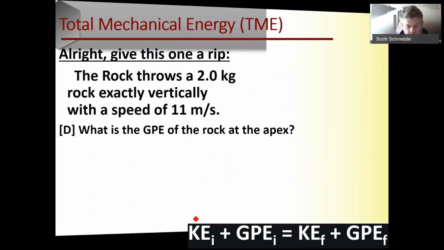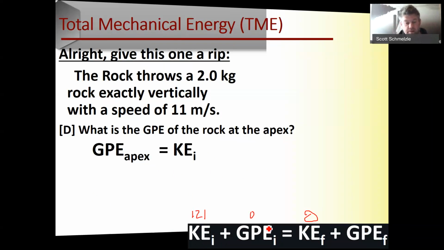Well, we knew that initially this was 121. Yeah, it was 121, and this was 0. Well, we know that this is 0 here in the final time because it doesn't have any velocity. So then that means that at the apex, our final GPE has to be equal to the kinetic energy in the beginning.